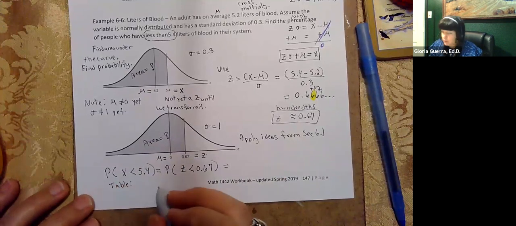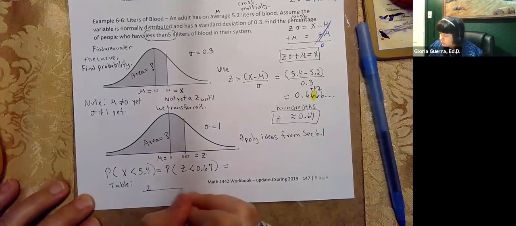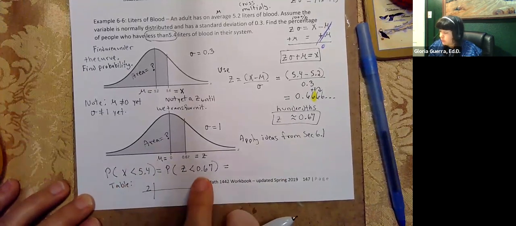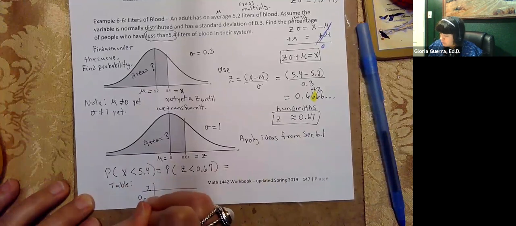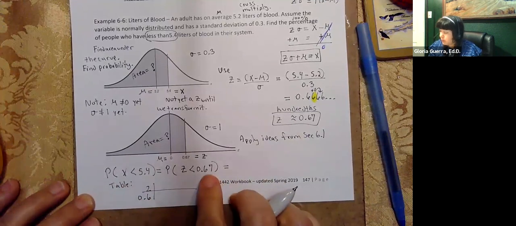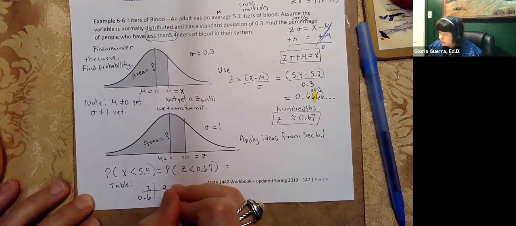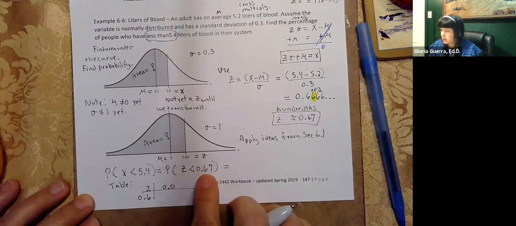So when we use a table, remember, you look up the first two numbers, this 0.6, and then you remember we have a 0 here, and then the last digit is 7.